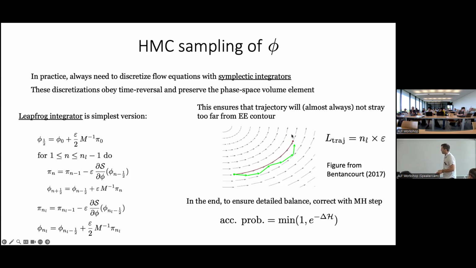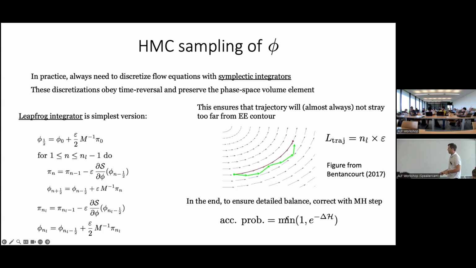But you will stray a little bit, and at the end, to ensure that you satisfy detailed balance, you can correct this step. Sorry, this should be molecular dynamics. So this flow is also known as molecular dynamics. You can correct its molecular dynamics update step with this Metropolis-Hastings accept-reject.